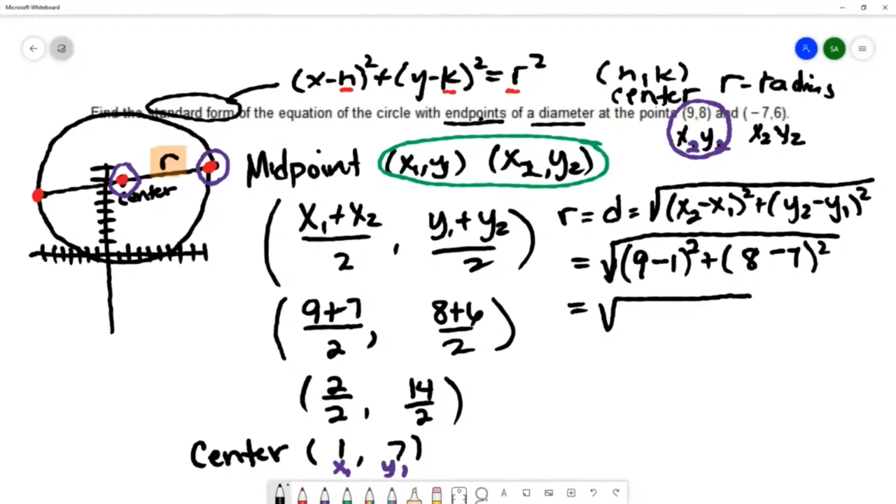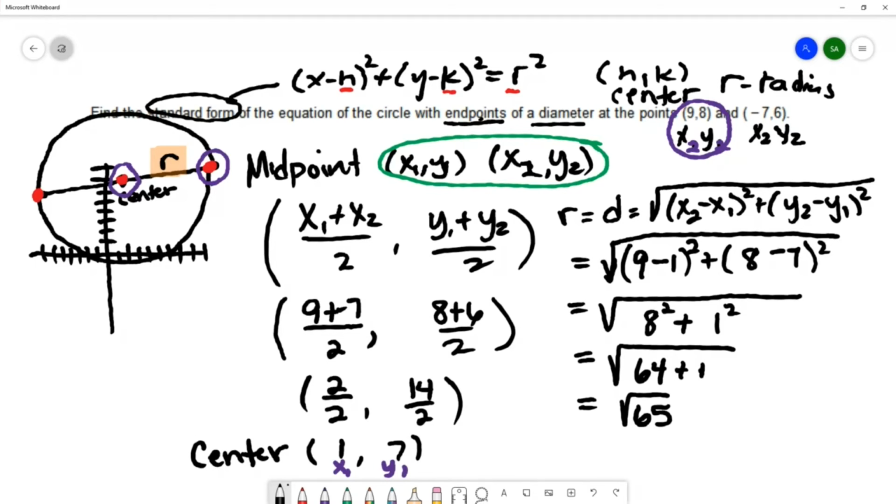Okay, so then we'll continue to simplify. 9 minus 1 is 8. 8 minus 7 is 1. 8 squared is 64, and 1 squared is 1. So we have the square root of 65.